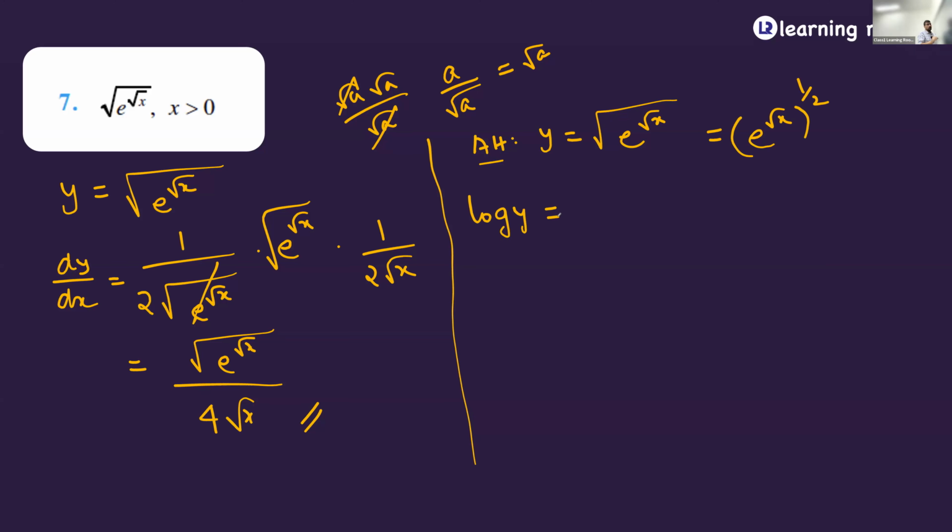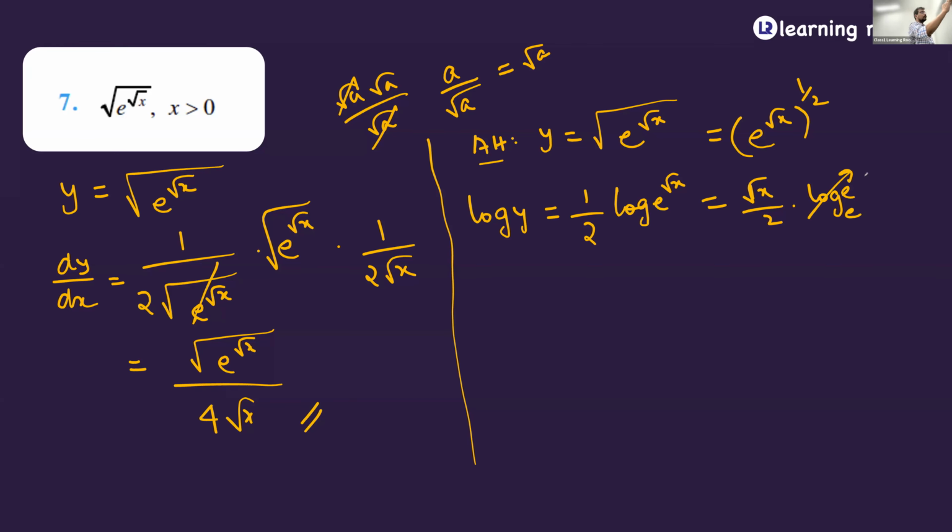Log y will be equal to what will happen on the other side? Half into log of e power root x. So this will be equal to root x by 2 into log of e base e. Because e power root x is there, root x will come as a multiplication factor. So it is root x by 2 into log of e base e.